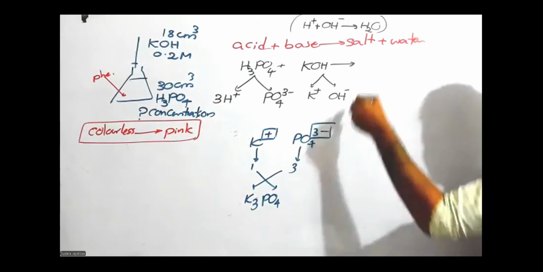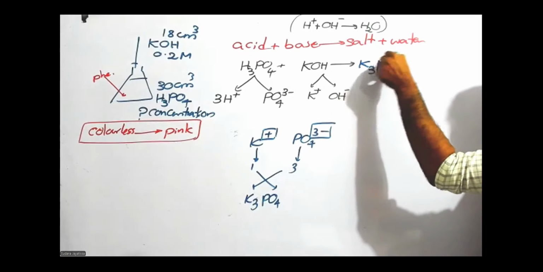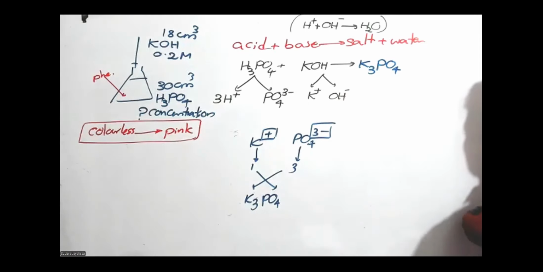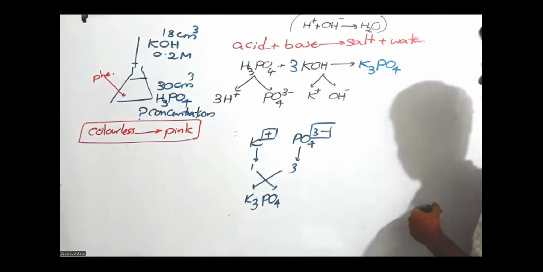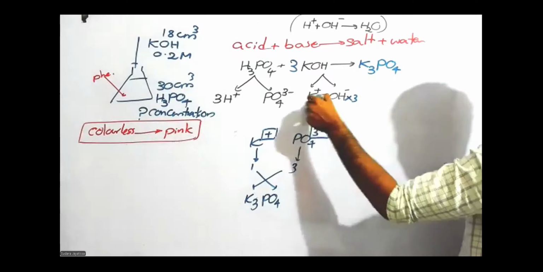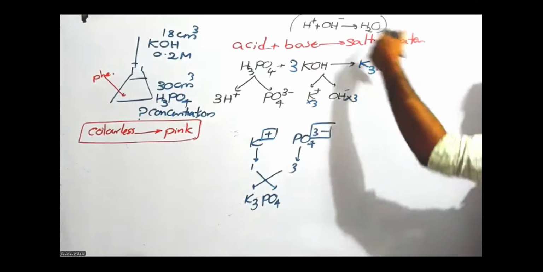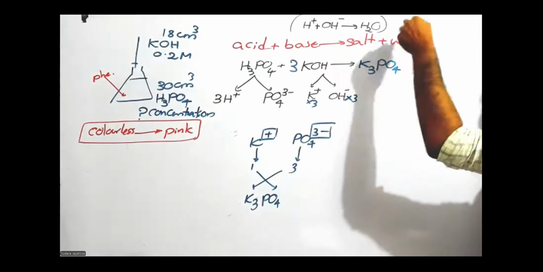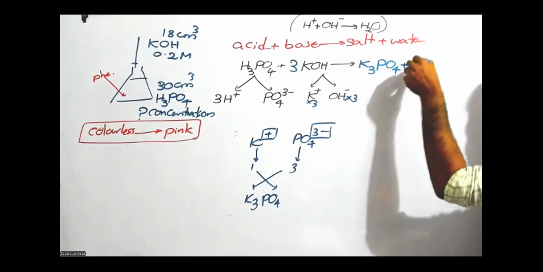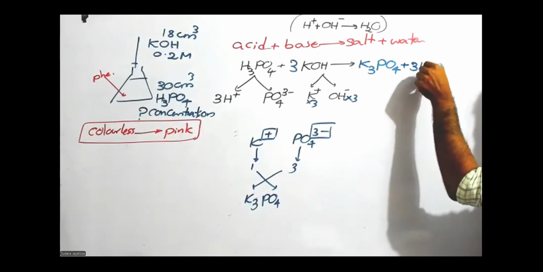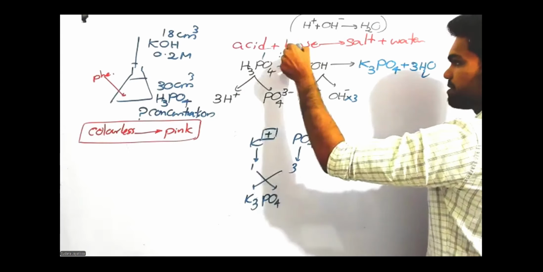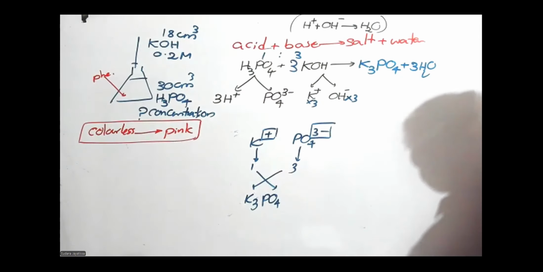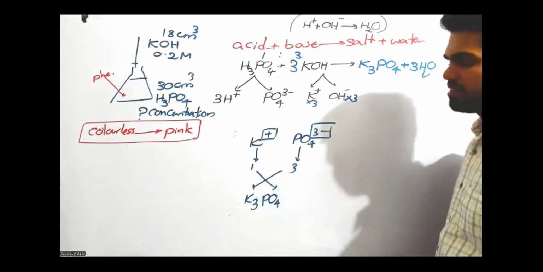This is the formula of this salt. To do that, we need 3 KOHs, that means 3 OH minuses. One OH minus joins with one H plus to give one water, so 3 of each will join to form 3 water molecules. So this is the reaction, and now we have our ratio. This ratio is the one we needed for the question.